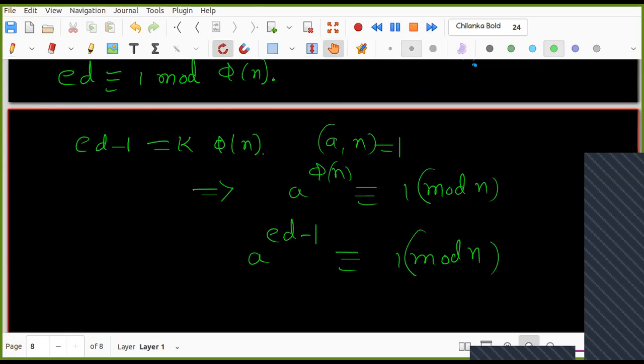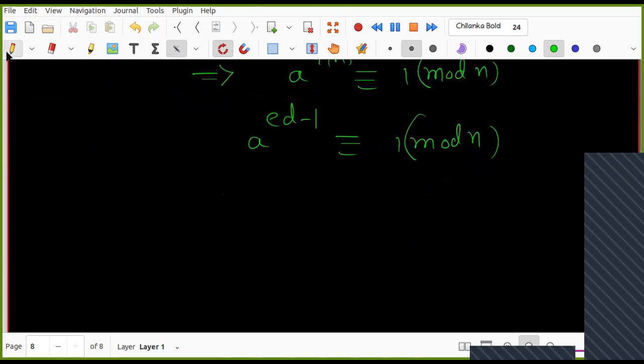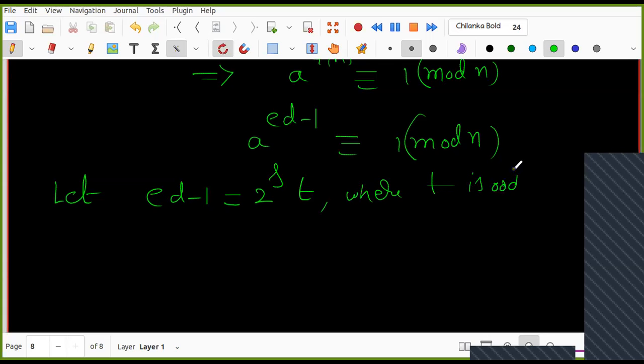So now I take ED minus 1 equal to 2 power s into t, some even part into odd part, where t is odd. This much is fine.